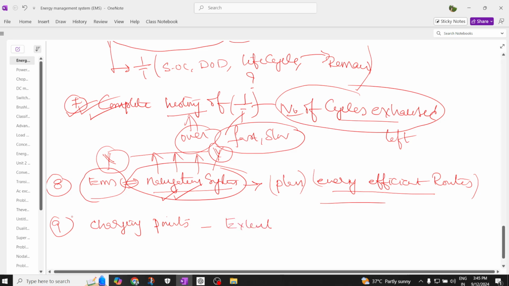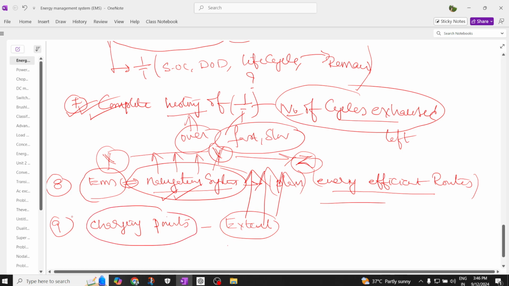For example, you travel from X to Y and you want to continue your journey from Y to Z. In this extended journey, what are the possible charging docks, where the charging stations are available from Y to Z, can be identified with the help of the energy management system. So it will help us in locating the charging points or charging facility to extend your trip, or it will also help us modify your trip if you want to change it.